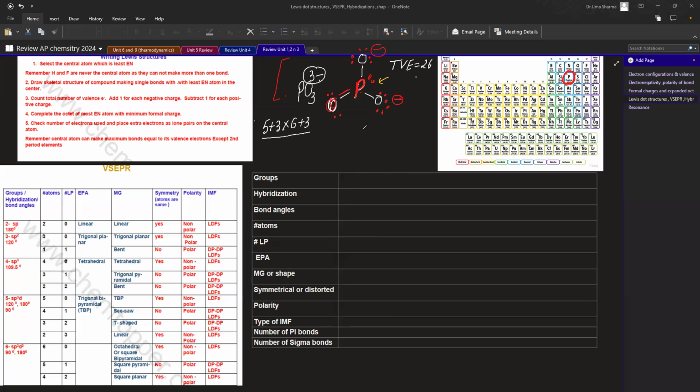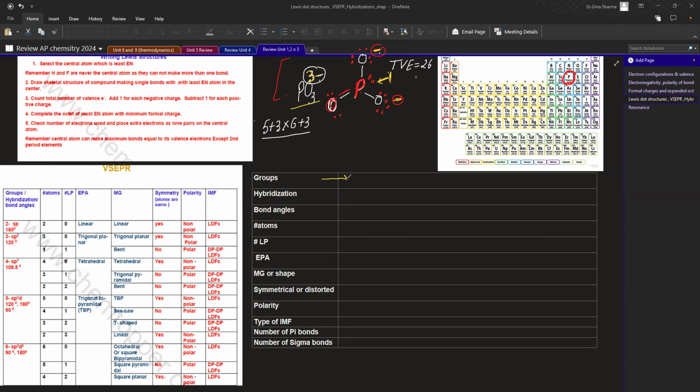It is valence electrons 5 minus number of bonds 4, and then there is a lone pair. So the formal charge on P is also -1. That's the correct Lewis dot structure. You can see there is 3 minus here. This oxygen is -1, this oxygen is -1, this P is -1, this is 3 minus. Is satisfied.